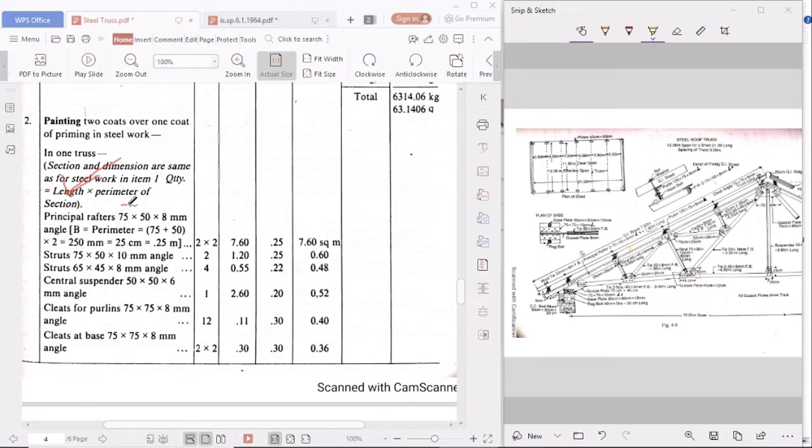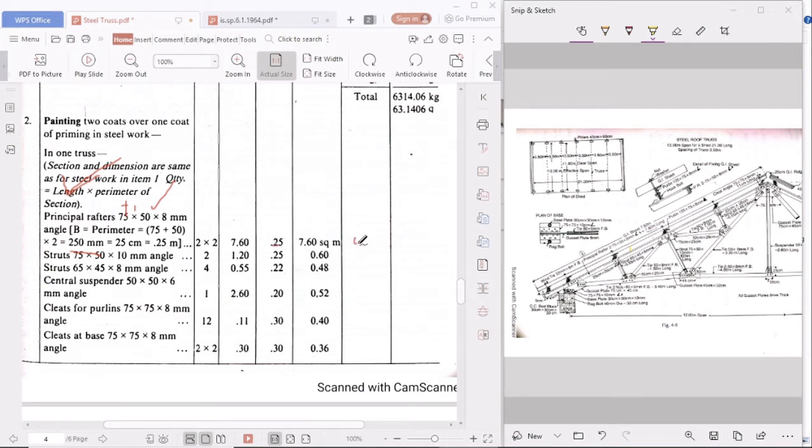Just add 75 plus 50, into 2. 75 is one side of the face, 50 is one side, again 75, again 50, the same as the perimeter of a rectangle. So 75 plus 50 into 2 gives 250 mm, which is 25 centimeter, so it will be 0.25 meter.